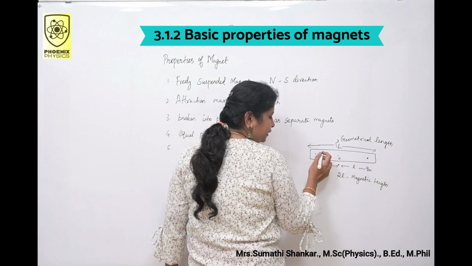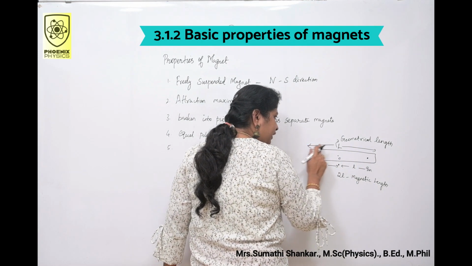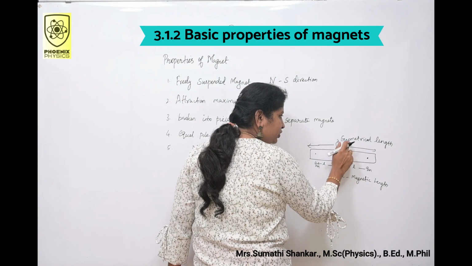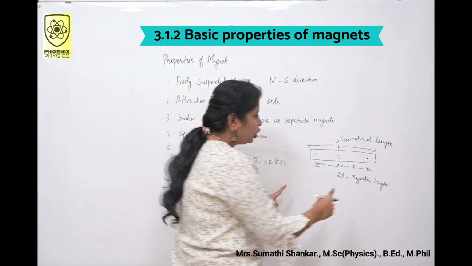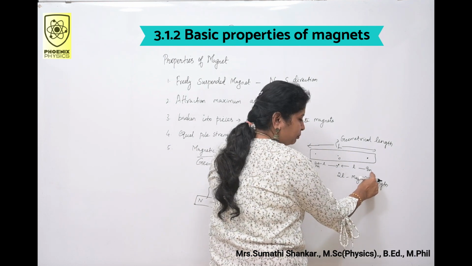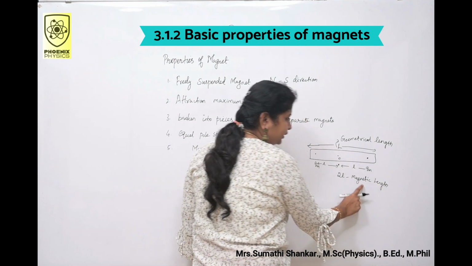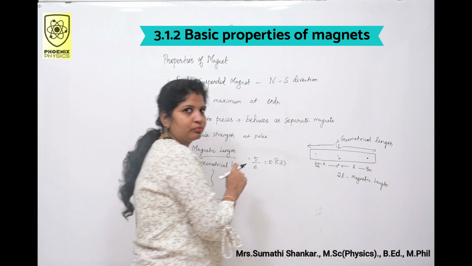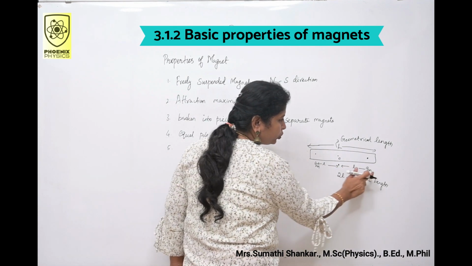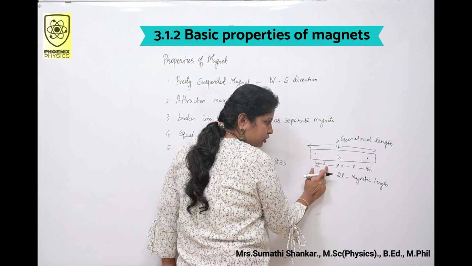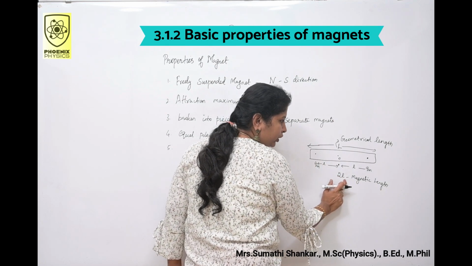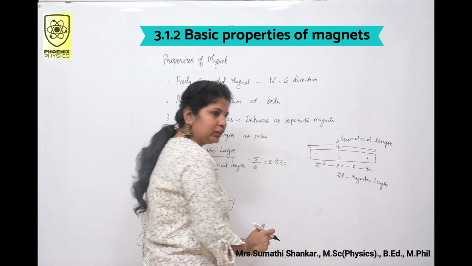Consider a bar magnet. Here the length of the magnet is known as geometrical length. The length between two poles of the magnet is known as magnetic length 2L. From O to Qm is L, so totally 2L. 2L is the magnetic length.